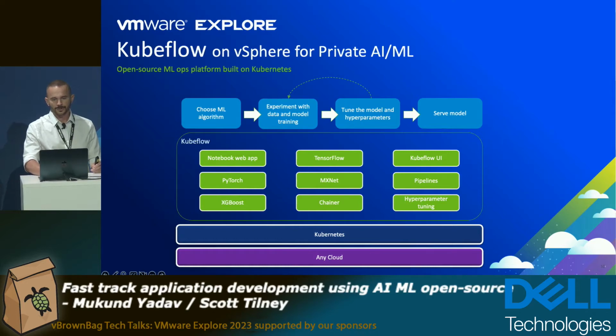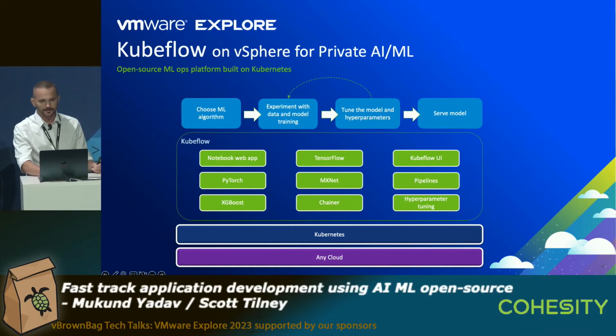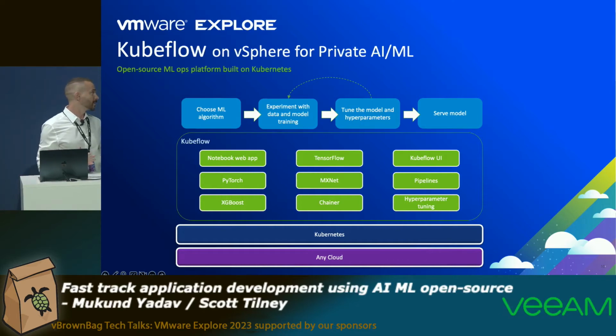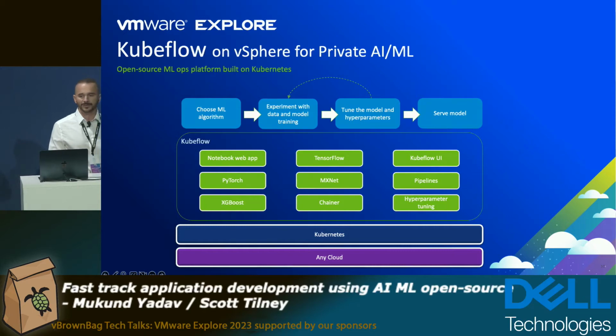Kubeflow is an open source machine learning platform for data science and machine learning operations. Kubeflow is not a single piece of software, rather it's many services that come together to create this platform running on Kubernetes. Of course, the advantage of running on Kubernetes is you can run it on any public or private cloud. It's portable, so you write once and reproduce everywhere.